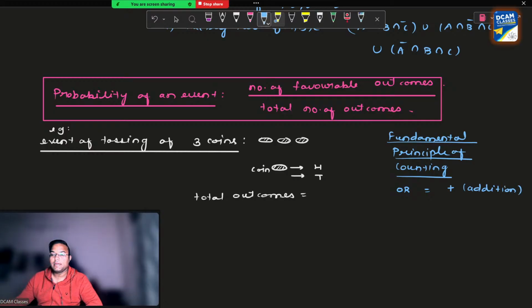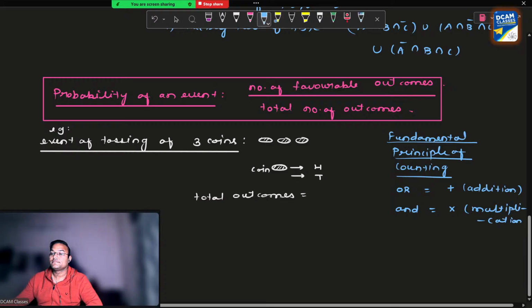And whenever in my calculation or theoretical observation I am using the term "and", I must multiply. This is the fundamental principle of counting. Remember this one.